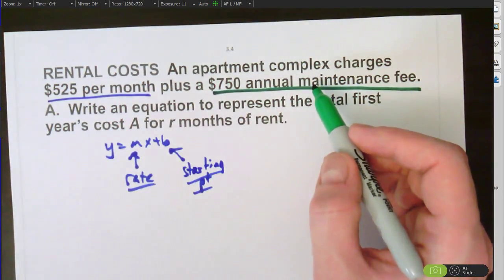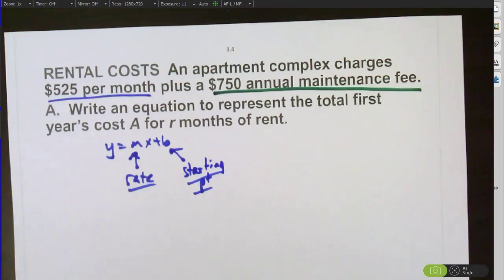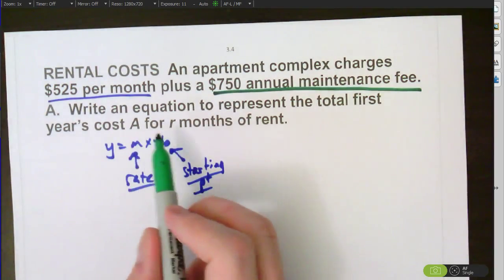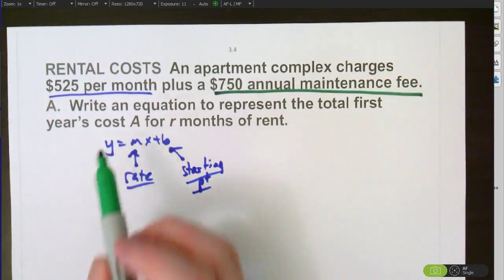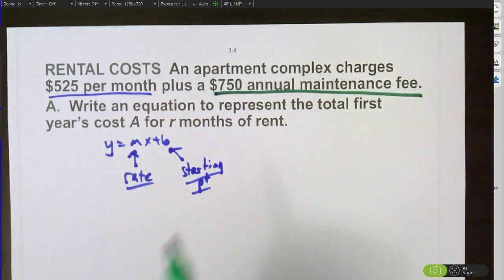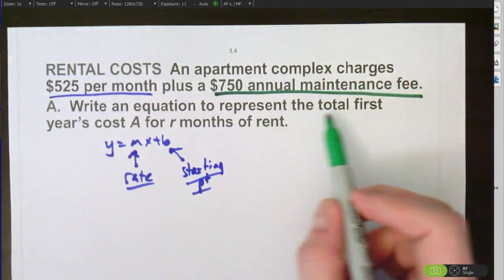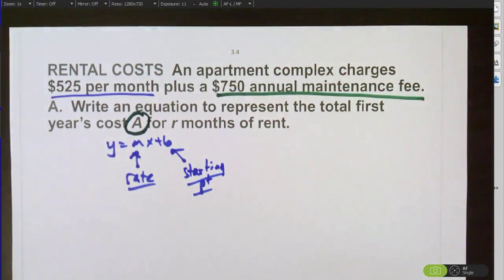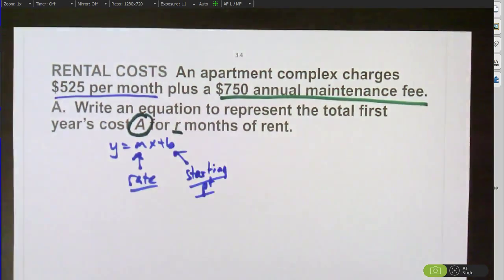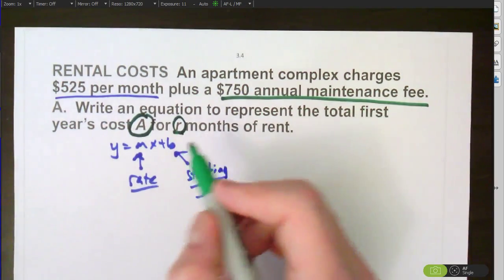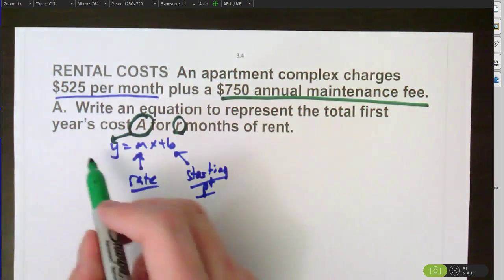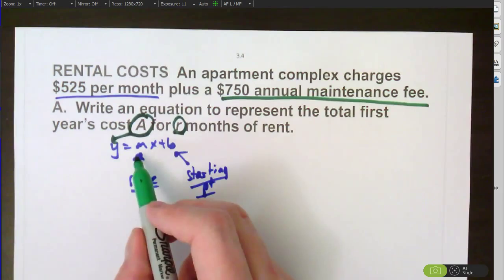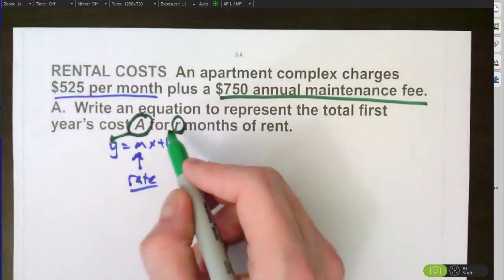This is your y-intercept. Now, they did give us A and R, so we have to replace y and x with those variables. It says write an equation to represent the total first year's cost after R months of rent. That means the total is y, the total cost at $525 per month plus the initial amount.